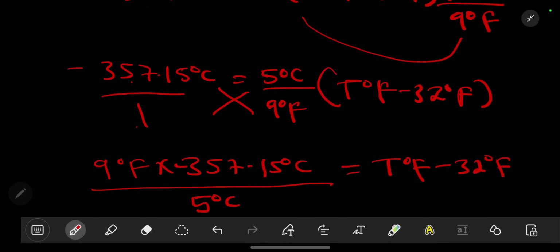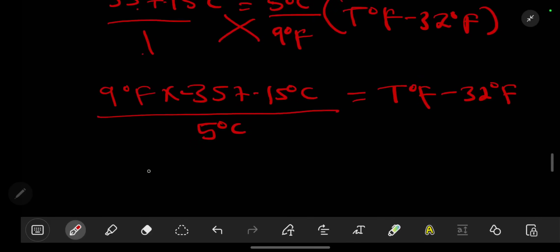So let's divide those. We have this value, negative 357.15 times 9. If we divide by 5, we are going to get a value of negative 642.87.